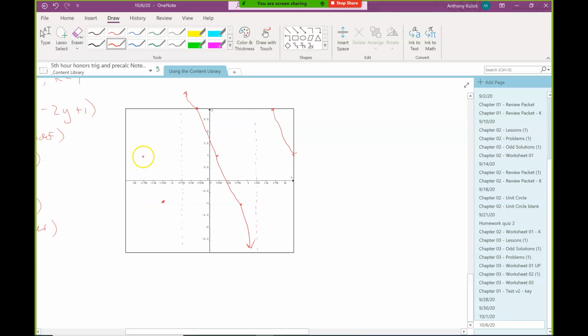And then negative 1.75 and positive 1. And then negative 2 1/4 and 3. So I'd have like that as my other piece.